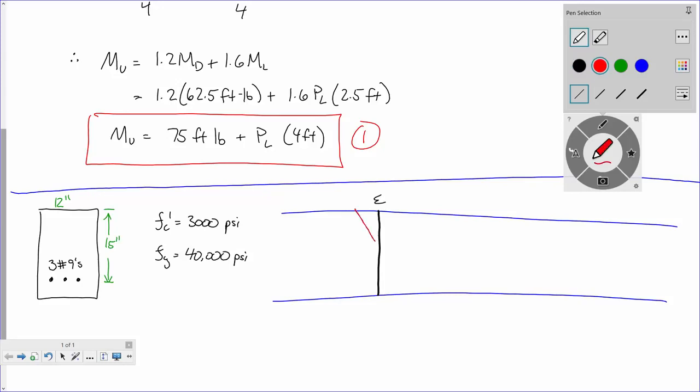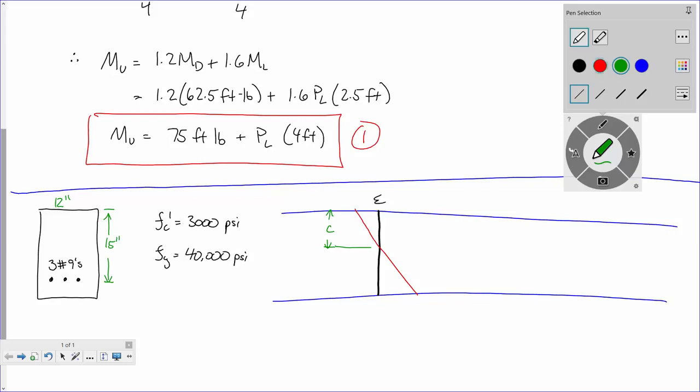A linear strain profile. We defined this distance as the neutral axis distance C from the top to the neutral axis.